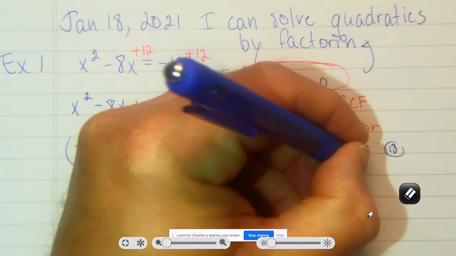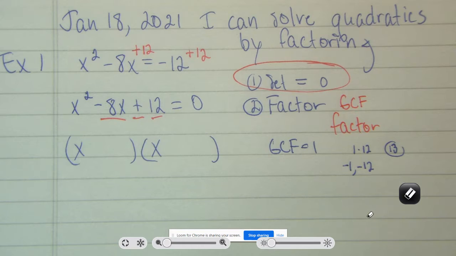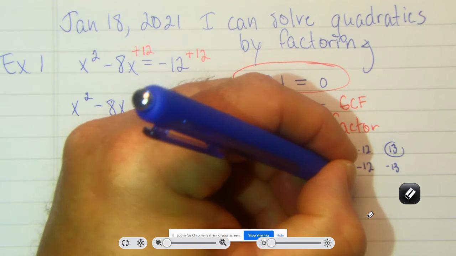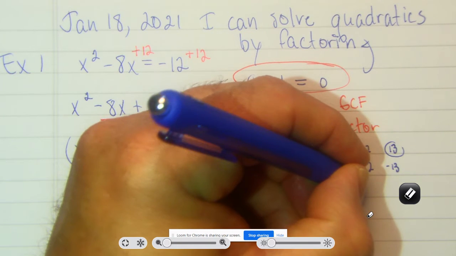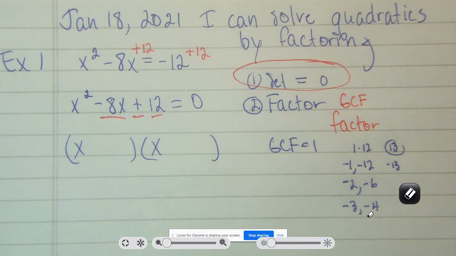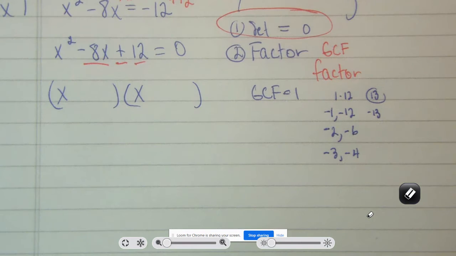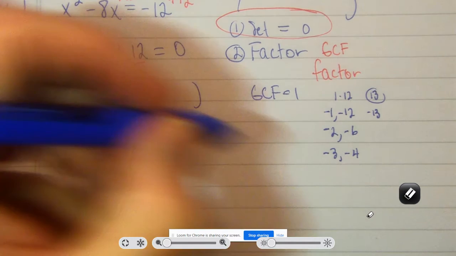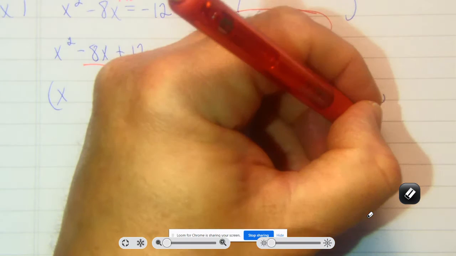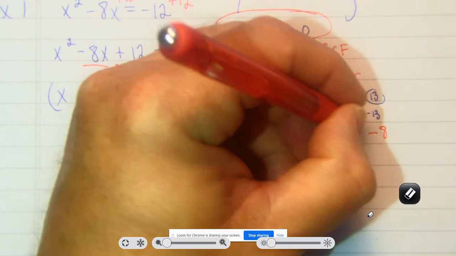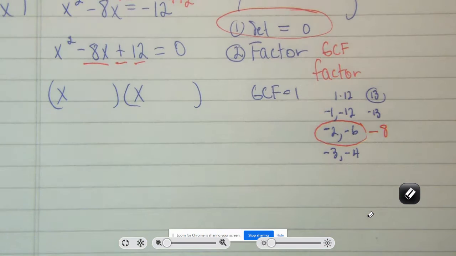Negative 1, negative 12. That gives me a positive 12, but that adds up to be a negative 13, so that's not it. Negative 2 and negative 6, negative 3 and negative 4. All those multiply to be positive 12, and the only one that adds up to be the middle term, excuse me, it doesn't add up to be negative 12, it adds up to be negative 8.